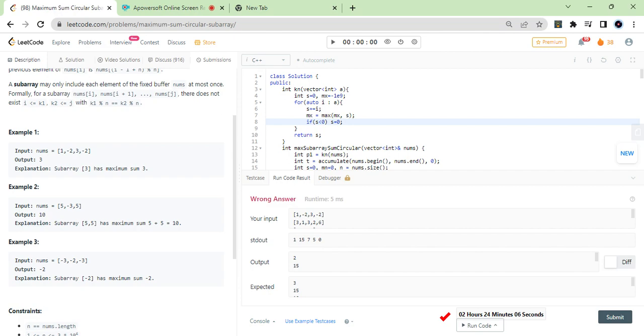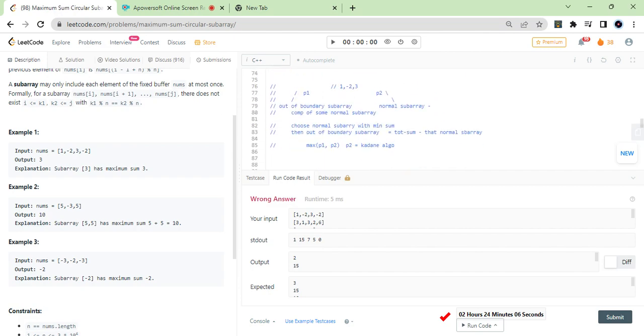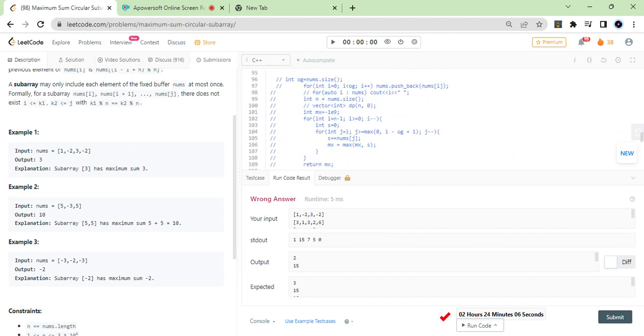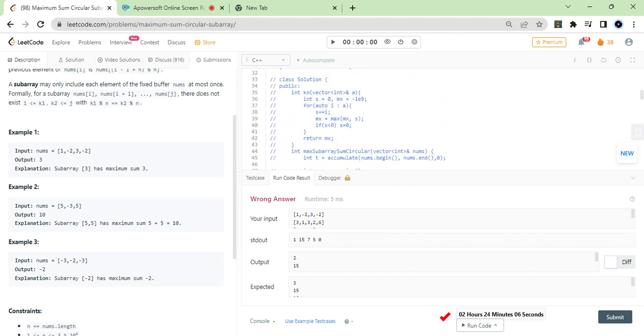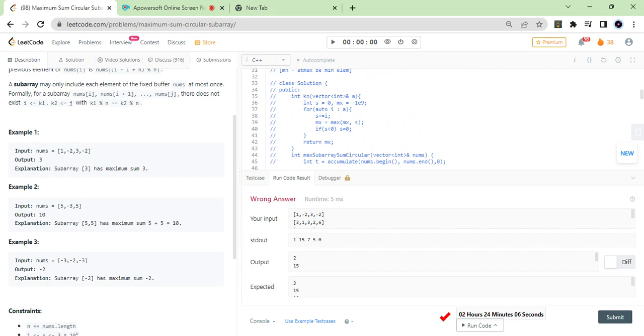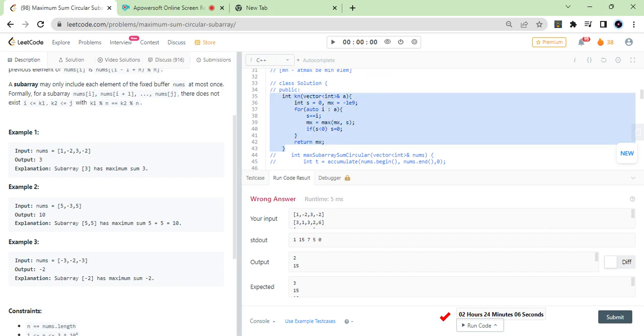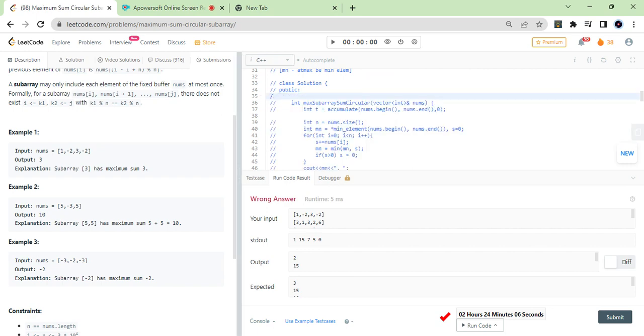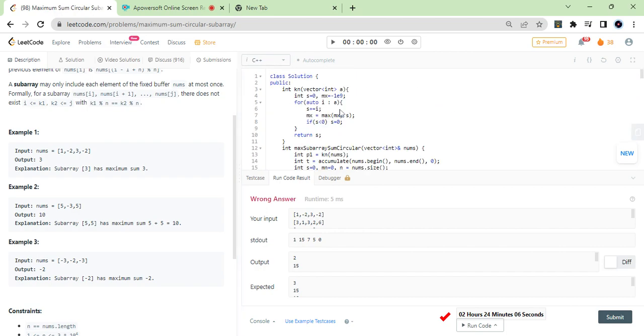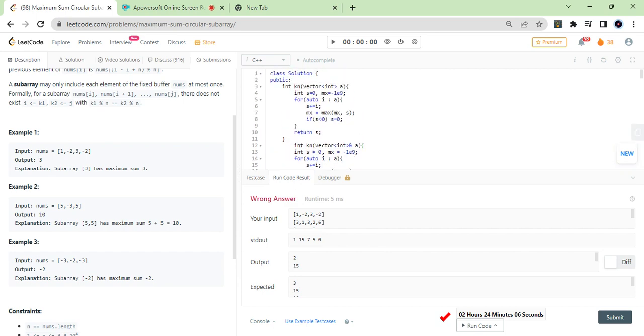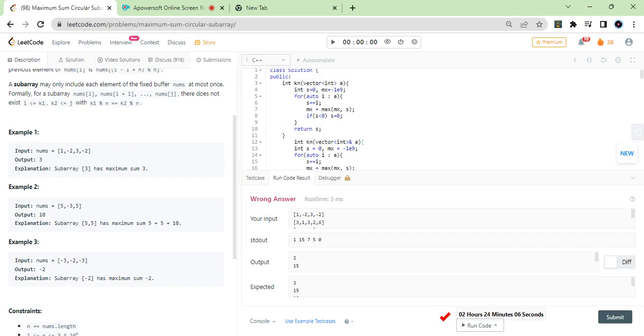If s goes negative, then s is equal to 0. Okay, let me just take the Kadane from here, because I have written Kadane, it is not something which should be wrong. mx is -1e9, s plus equal to this. What is the problem? Max of this, return s. What is the issue?